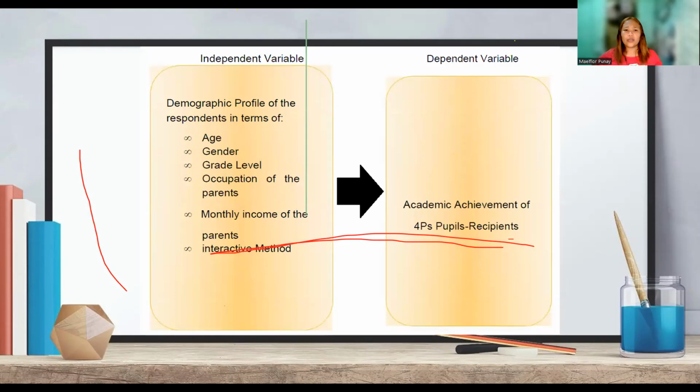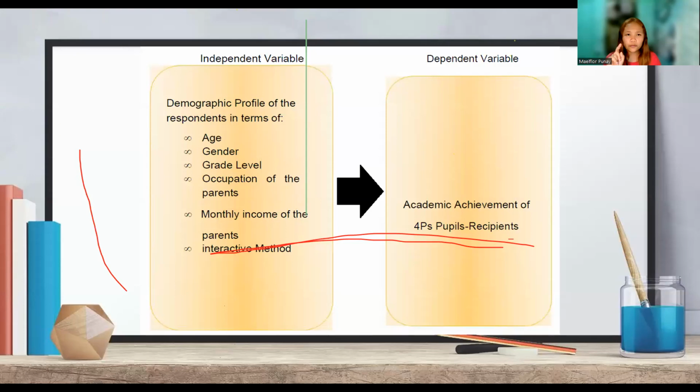Here is an example also of kanang conceptual framework. So here, ang independent variable is the demographic profile of the respondents in terms of age, gender, grade level, occupation of the parents, monthly income of the parents, and interactive method.